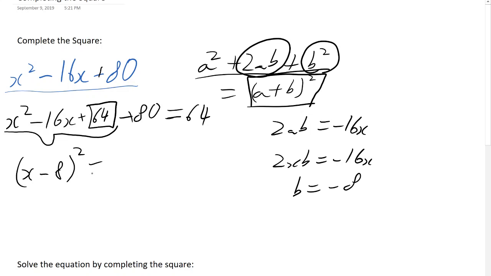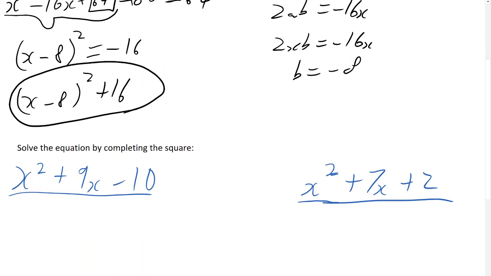And we can also subtract the 80 to the other side, minus 16, and to finish it up, we move the 16 over, and that's our answer here.